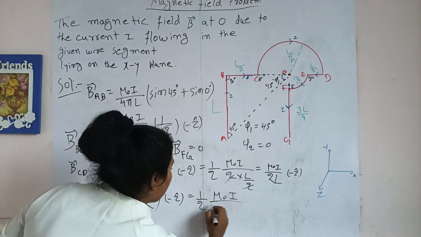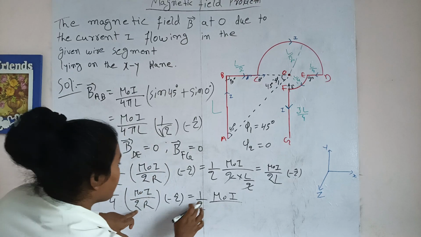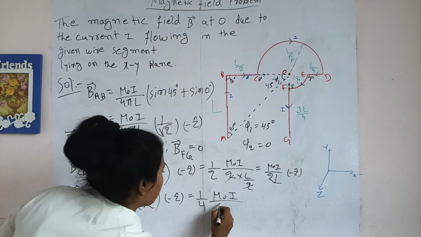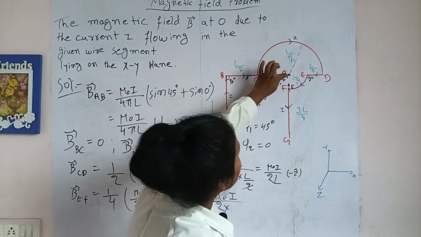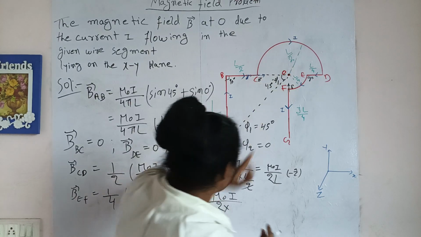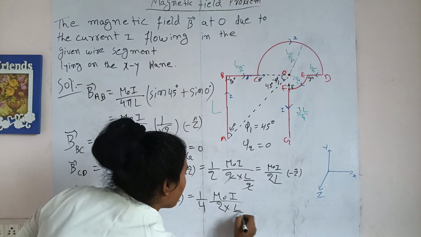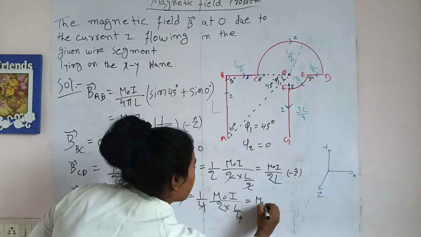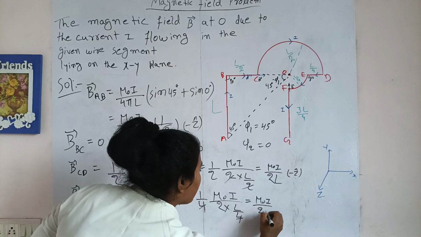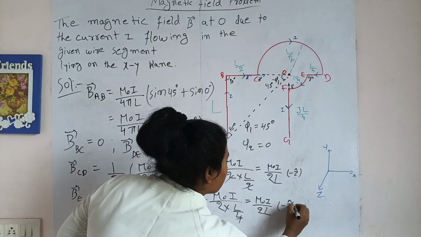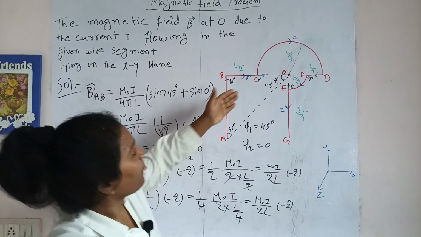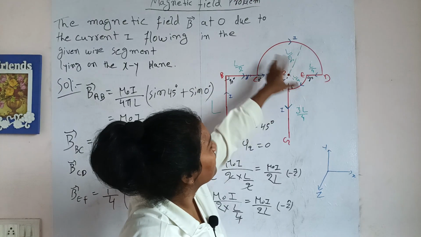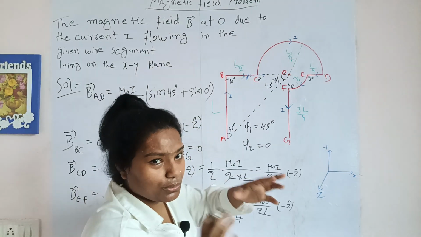Here it was 1 by 4, it's a quarter circle, 1 by 4 of mu naught I by 2 into r. The radius here is L by 4. We'll put the value of the radius here, L by 4. This 4 cancels this 4. The result is again mu naught I by 2L in minus z hat. So as you can see, if we have reduced the radius to half, the field does not change. It happens due to symmetry.